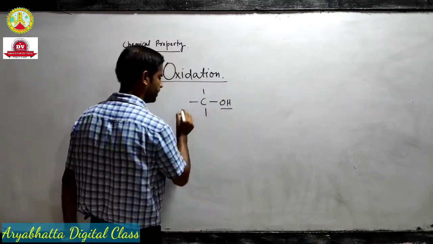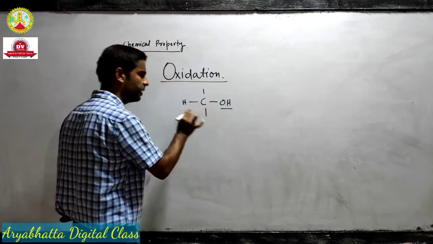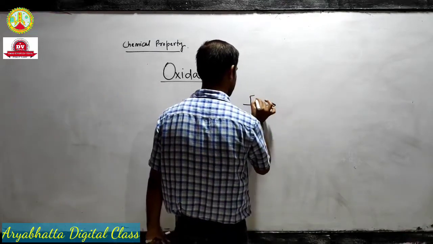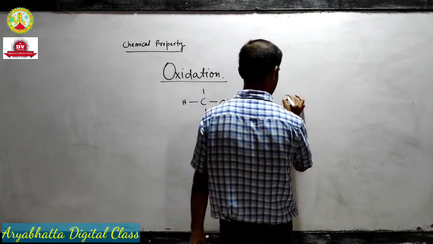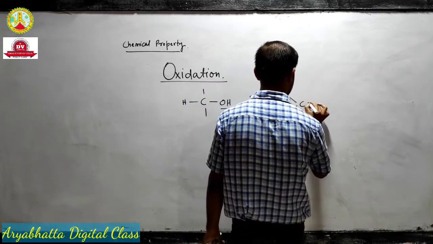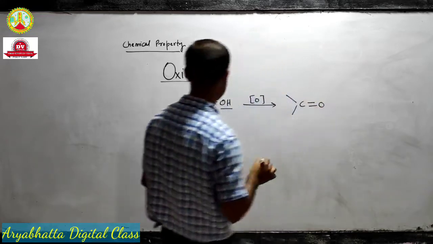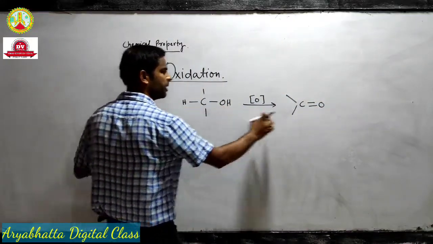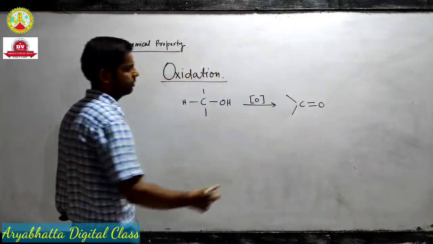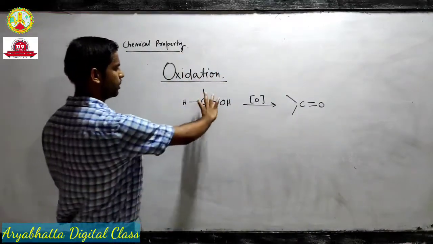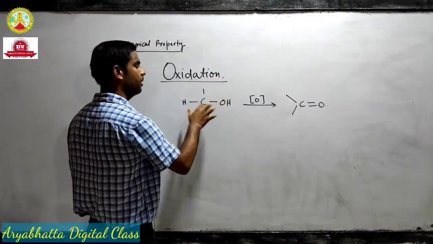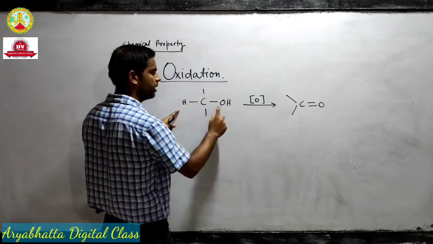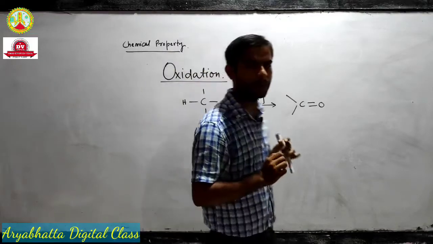This hydroxyl is present, and if one hydrogen is present, what will happen? It will oxidize, the remaining 2 bonds will remain the same, and this part will become a double-bonded oxygen. So we are not concerned with these 2 bonds. The changes will occur with this hydrogen and this hydroxyl part.